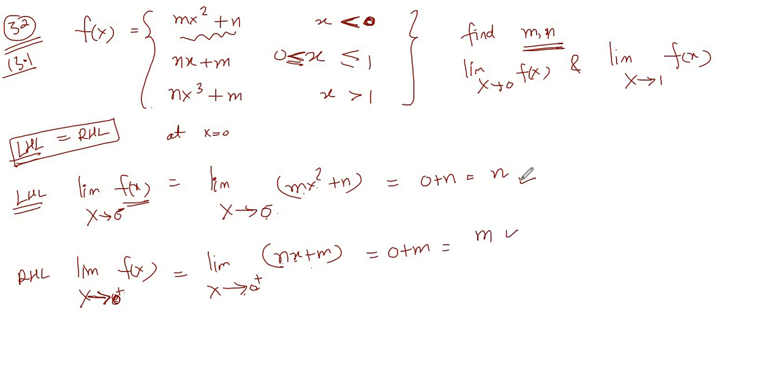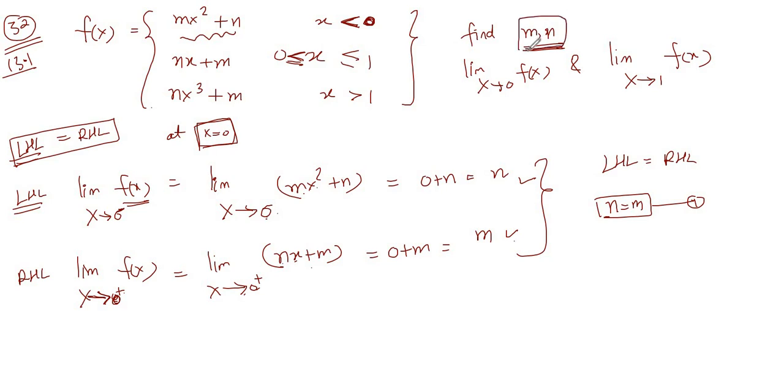In order for the limit to exist at 0, these two should be the same because LHL should be equal to RHL. So can I say n is equal to m? This is the first equation I got. Because we have to find m and n, for m and n we need equations.